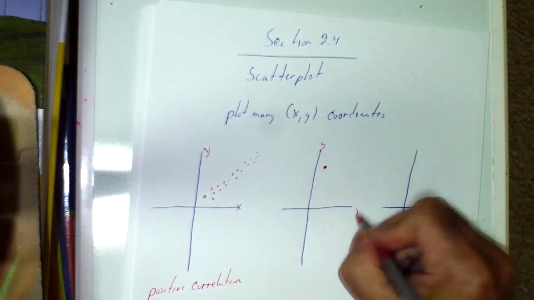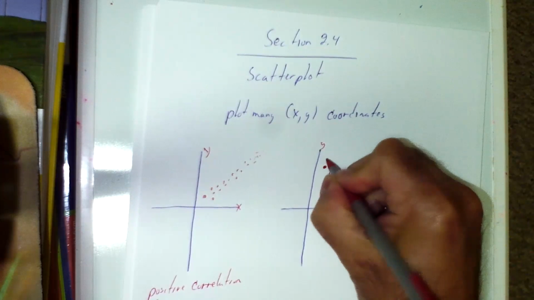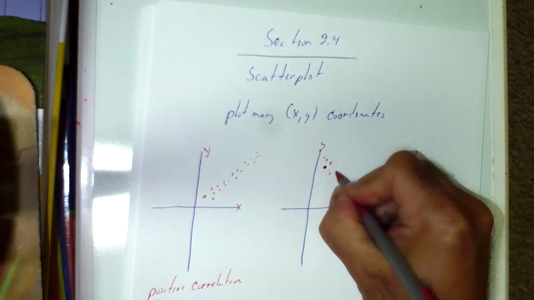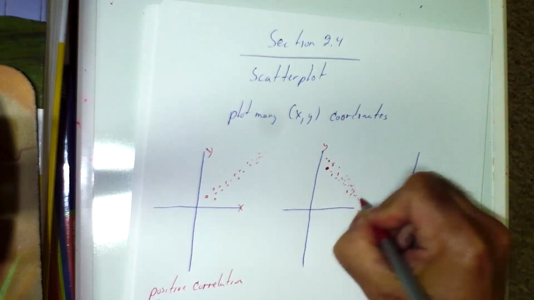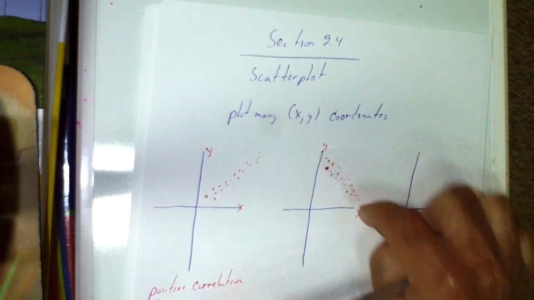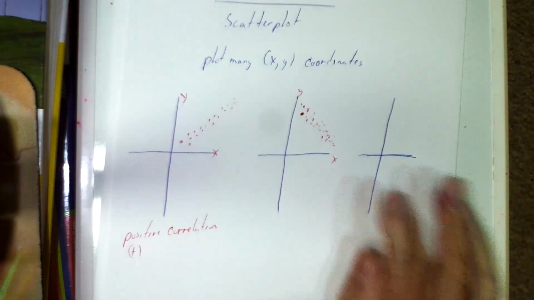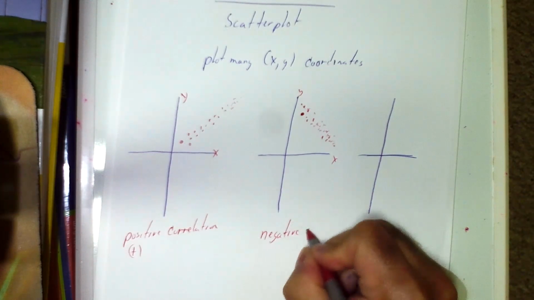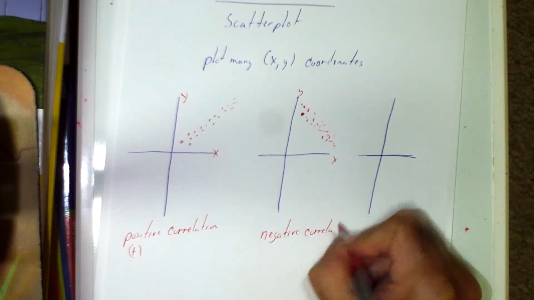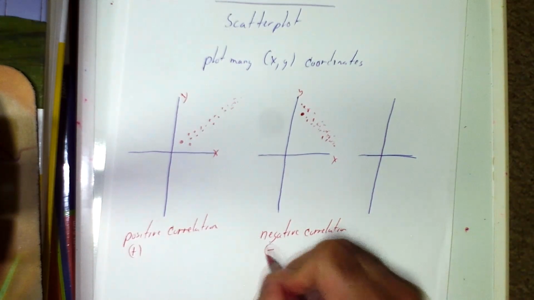And if you plot all the points and the trend is forming a line that's going downward, then we say that has a negative correlation. Negative.